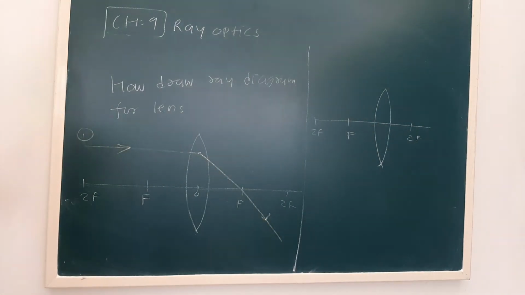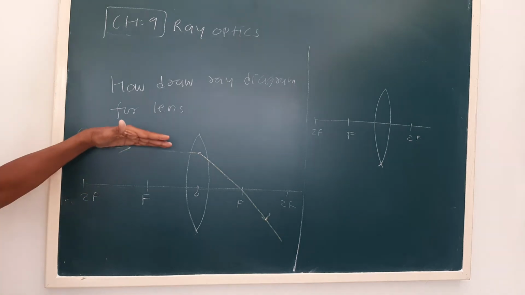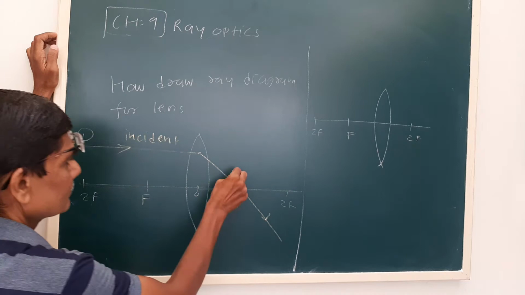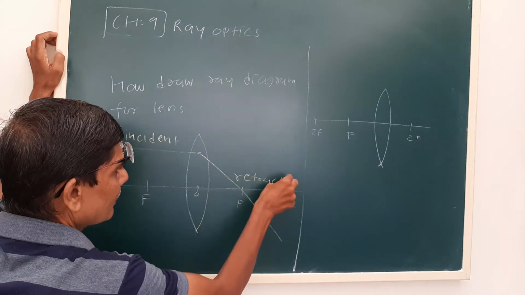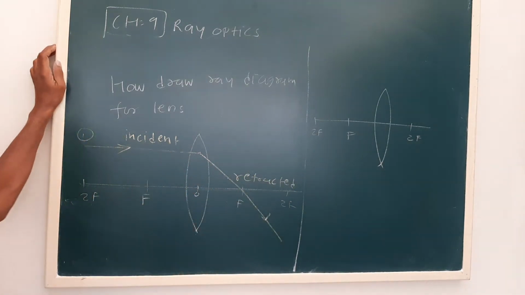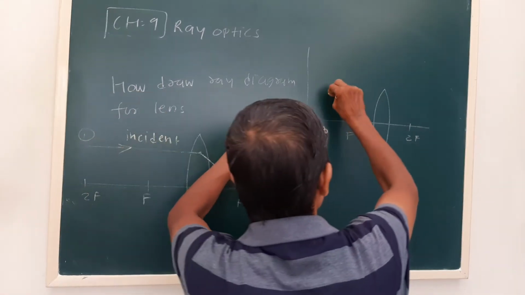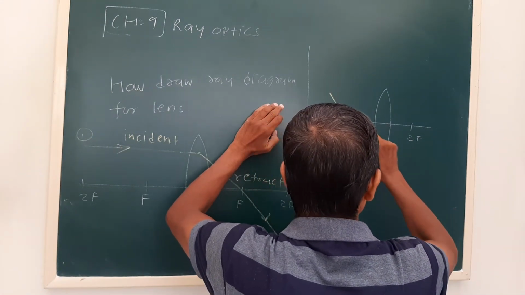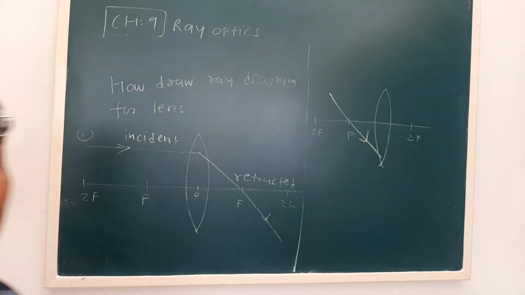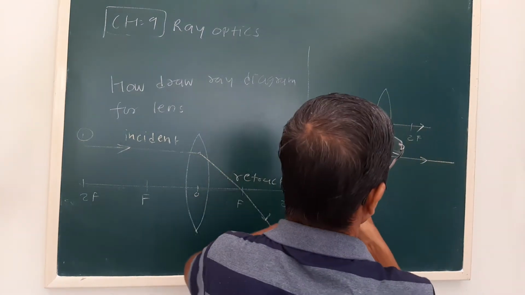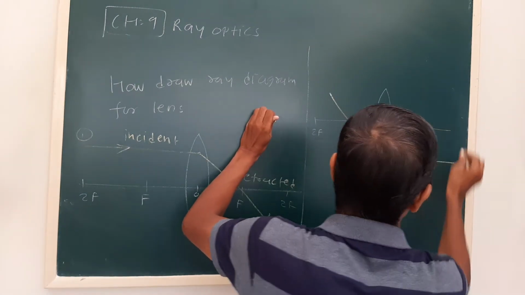What we have seen: if the incident ray is parallel to the principal axis, after refraction it will pass through F on the other side of the lens. Now secondly, if the incident ray passes through F, after refraction it will become parallel to the principal axis.